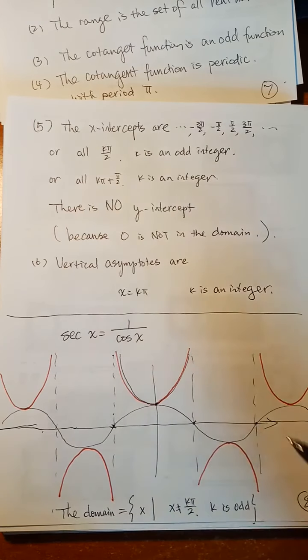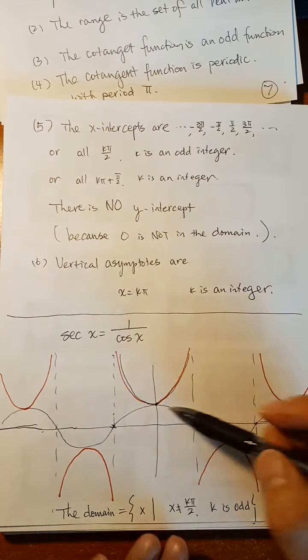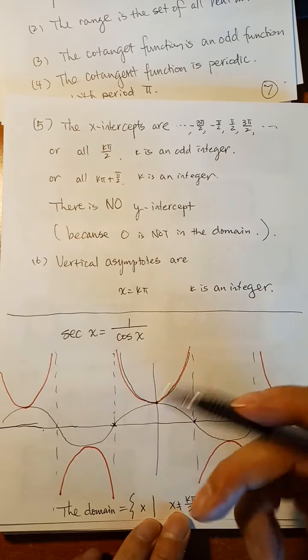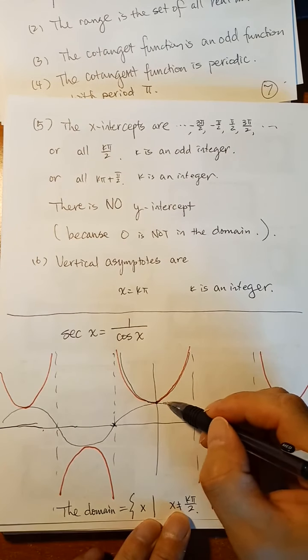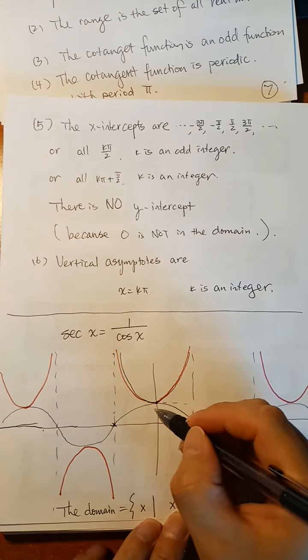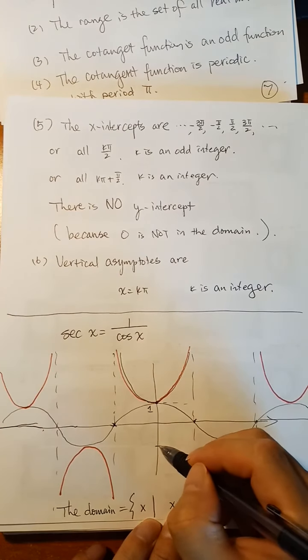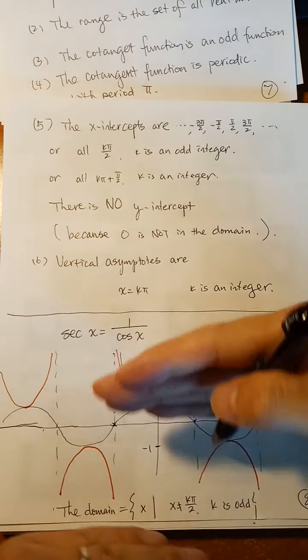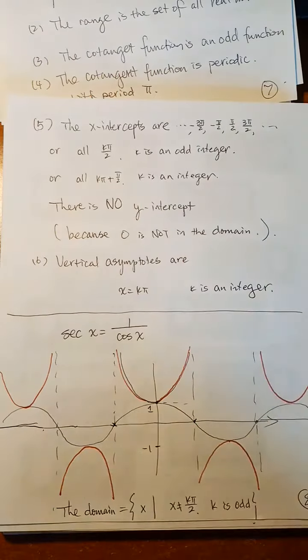Okay, and also you see here, because you flip the cosine, this horizontal part between 1 and -1, the secant is either above the 1 or below the -1.